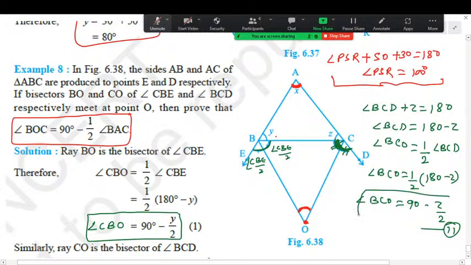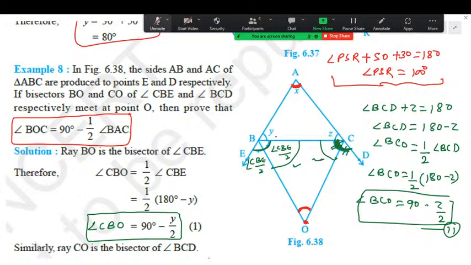You have obtained the value of BCO and you have obtained the value of CBO.